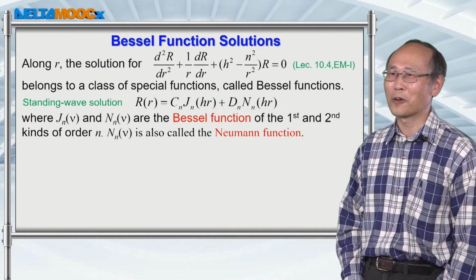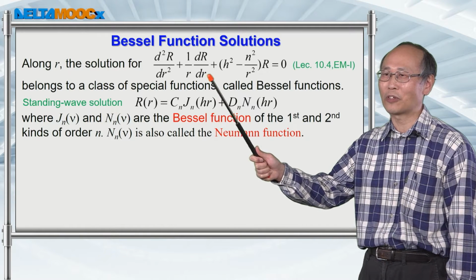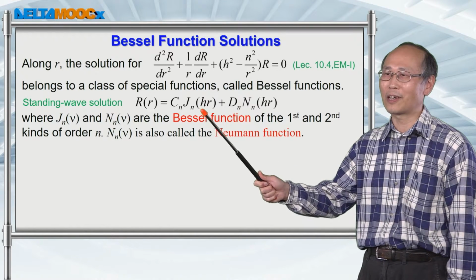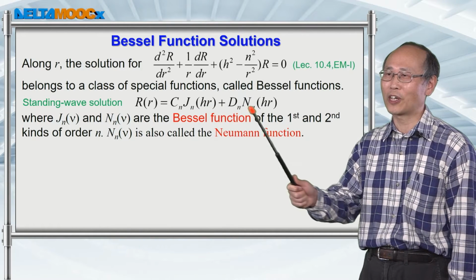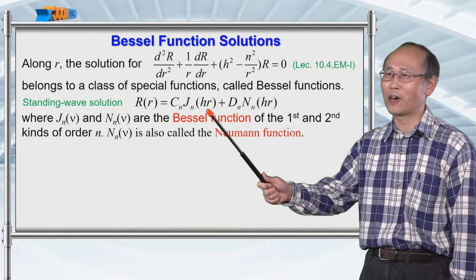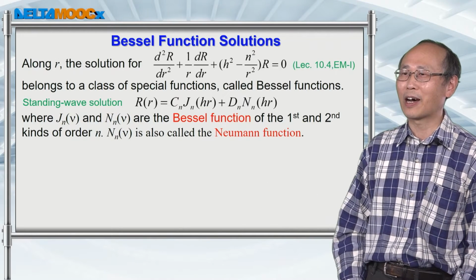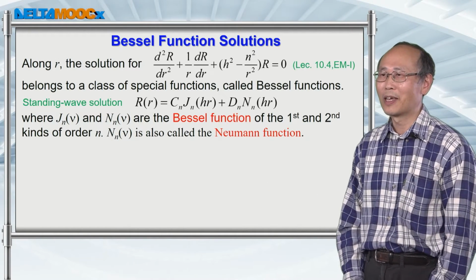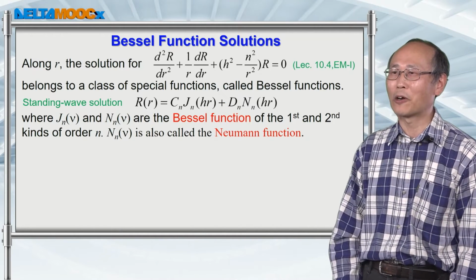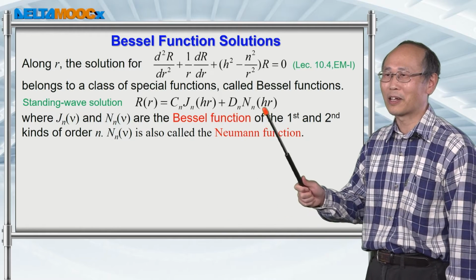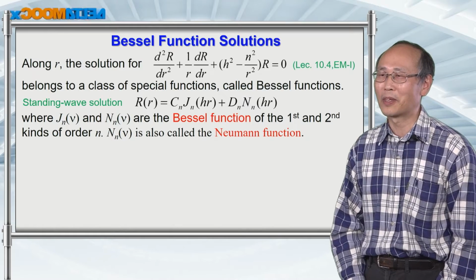If you still remember, we can write down the solution of this ordinary differential equation in this form, which is a superposition of the Bessel function of the first kind and second kind with argument hr, where h is the eigenvalue in the Helmholtz equation. Of course, this value has to be decided from the boundary conditions. The Bessel function of the second kind is also called the Neumann function.